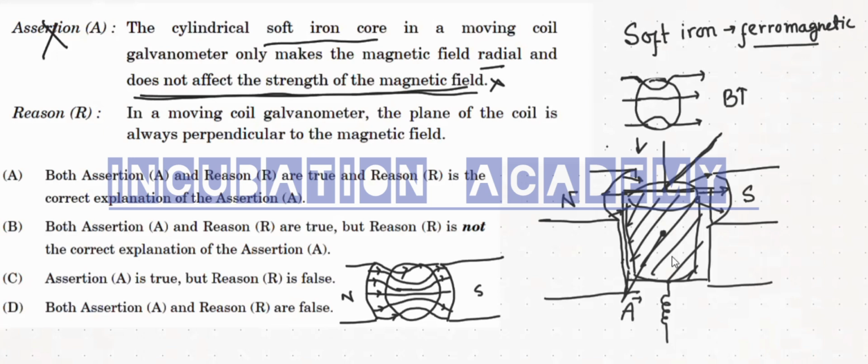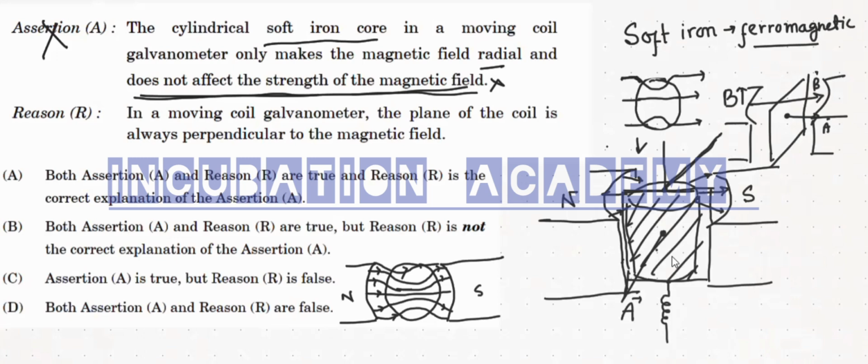Let me draw a figure to make you understand. Say this is the coil, and these are the pole pieces. This is the direction of the magnetic field and this is the direction of the area of the coil. In this particular case they are parallel, but in this particular case they are perpendicular.